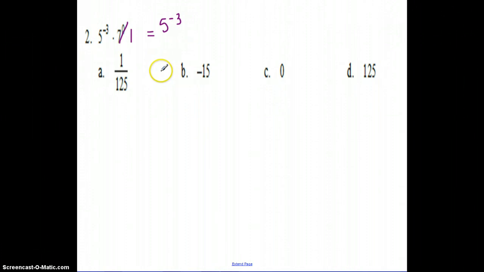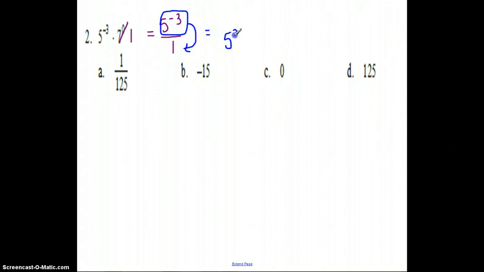And remember, anytime we see a negative exponent up here like this one, I'm going to put it over 1. Whenever I see that negative exponent and I put it over 1, wherever it's at, it wants to move. So if this is in the top, to get rid of that negative exponent, I'm going to have to move it to the bottom.